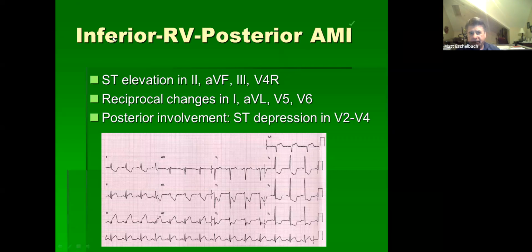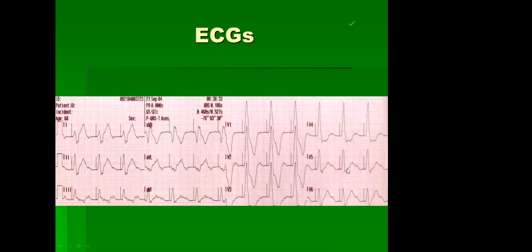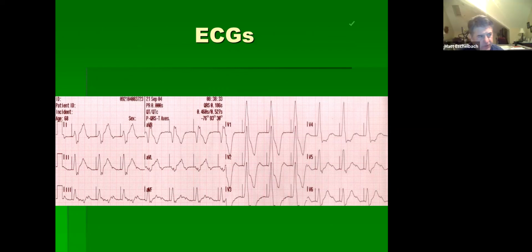So it's an inferior posterior MI. Somebody was astute enough to say, okay, this one and this one are so deep that I'm going to do a right-sided heart lead, and there's my ST elevation. So that is an inferior posterior MI.